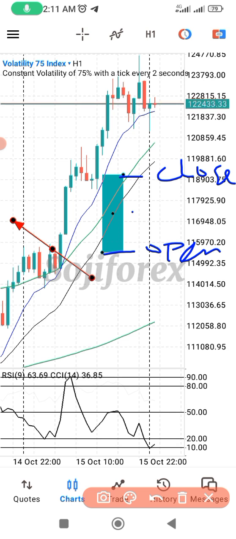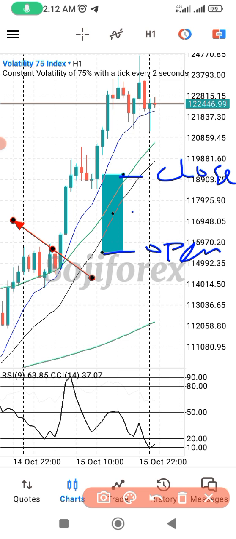So when I see this type of candle, I know that the buyers are in charge relative to that particular time frame. When I begin to have a series of bullish candles, I can conclude from the understanding of a single candle that the buyers are in charge of the market. And if I begin to have a series of bearish candles, which are the red candles, I can conclude that sellers are in control of the market.